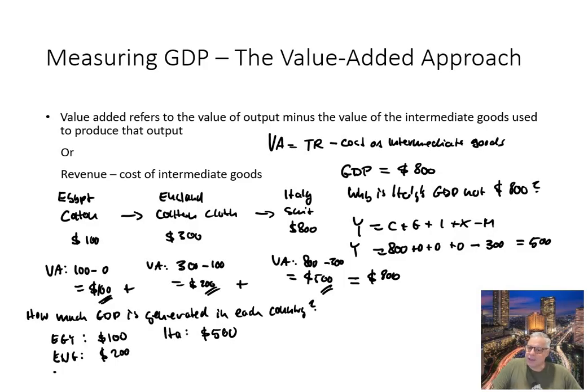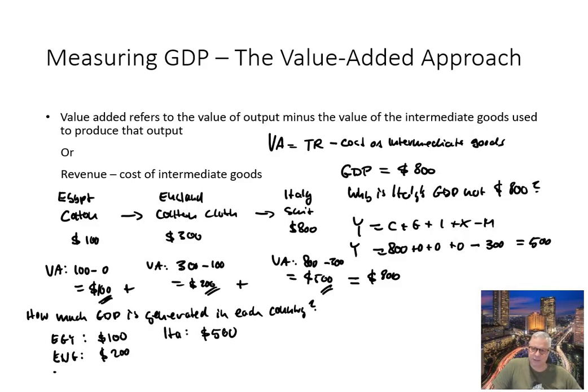And again, it becomes clear once we look at this definition. What you need to remember is that for exports and imports, we also take into account intermediate goods. Of course, in a closed economy, we don't have to worry about exports and imports, and then it is easy to say it is the final market value for all final goods and services.